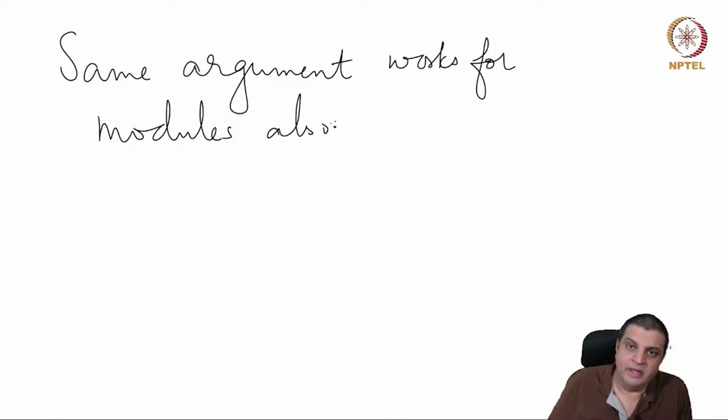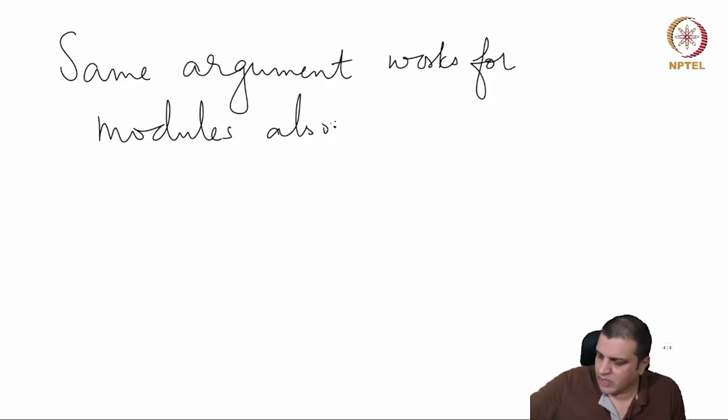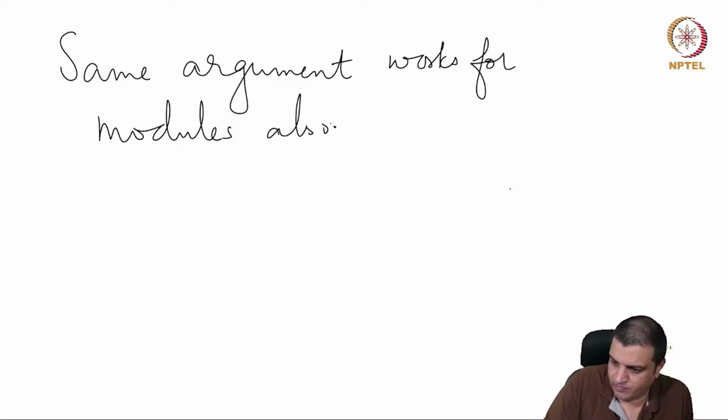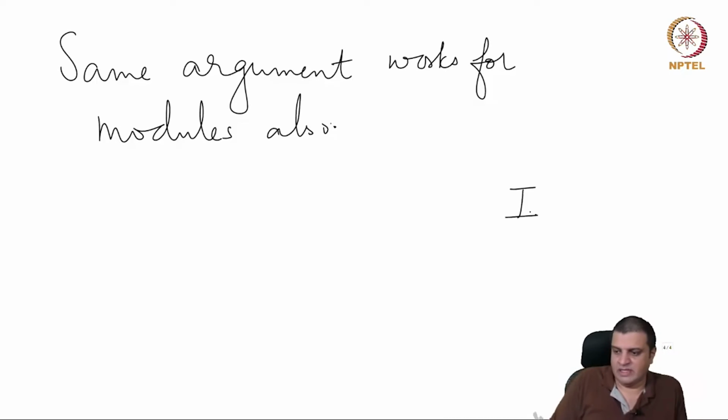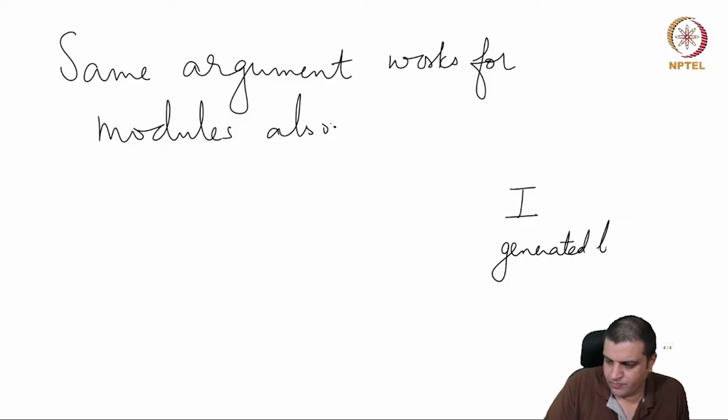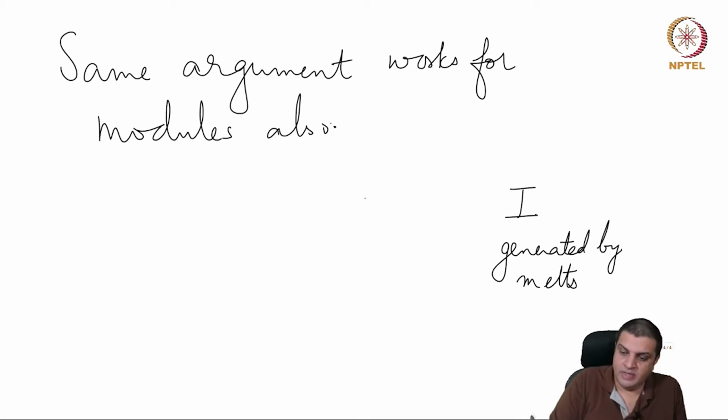So why do we have to do this for modules also? One of the things that we would want to do is, even if you are given an ideal, let's say generated by m elements, we can get a free module of rank m to surject onto this.